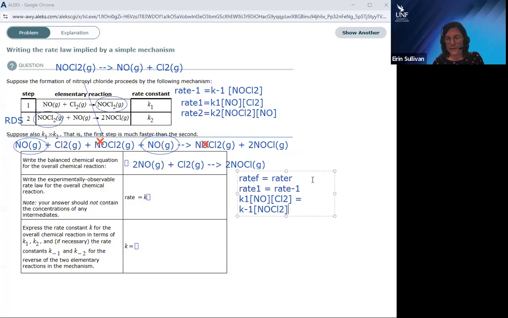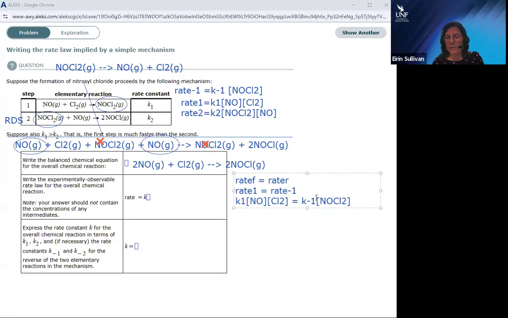So now we are at the stage where we can rearrange and have the concentration of our intermediate in terms of our concentration of nitrogen monoxide and chlorine, so our reactants from elementary step 1. So that is going to take the form NOCl2 is equal to K1 over K minus 1, so the rate constant for the forward reaction divided by the rate constant of the reverse reaction, times nitrogen monoxide times the concentration of Cl2.